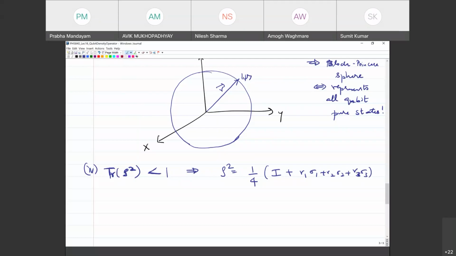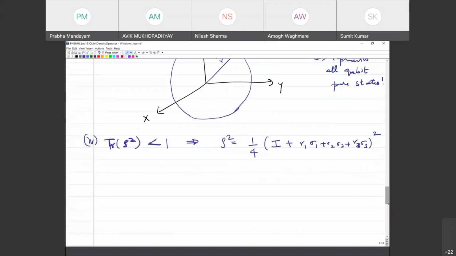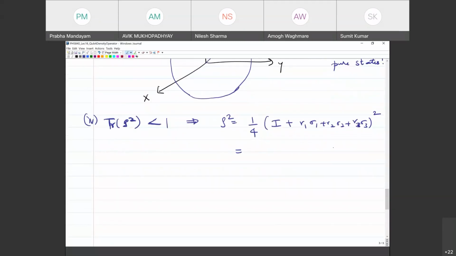The question is, which are the parts of this which have trace? That's the clever way to think about it. Of course, you're going to have the identity term. Then you're going to have the R1 squared term, which comes in with sigma 1 squared. Sigma 1 squared is identity. R2 squared will come with sigma 2 squared. R3 squared will come with sigma 3 squared.